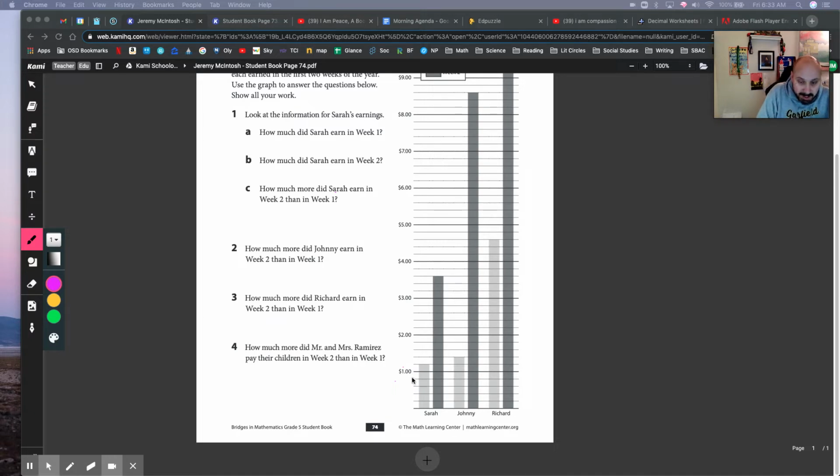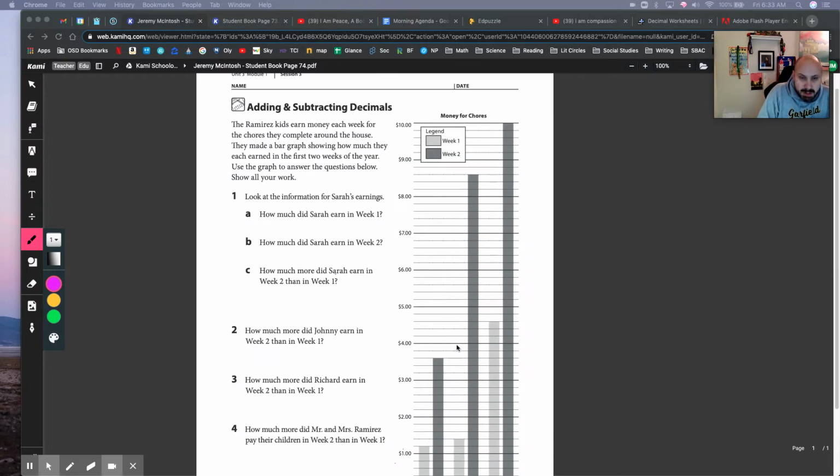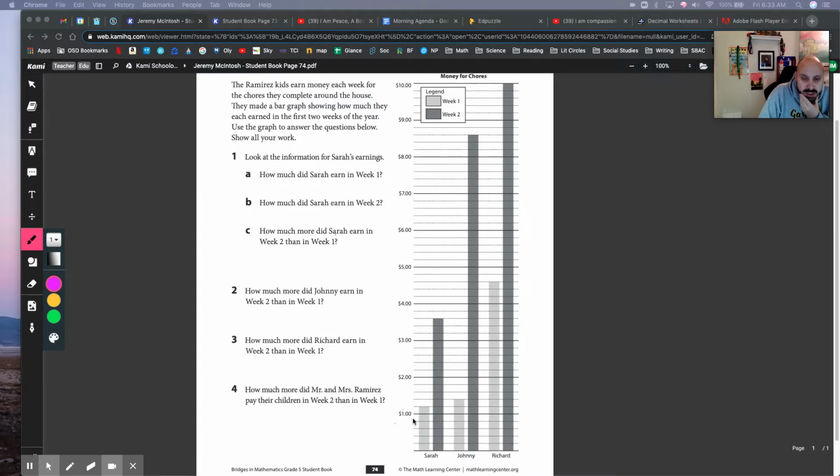So we need to figure out how much each of these lines is worth. Okay. Then at the bottom, we have Sarah, Johnny, and Richard, the 3 kids. So before I look at the questions, I would like to know how much each of these lines is worth between the dollar amounts. Okay.